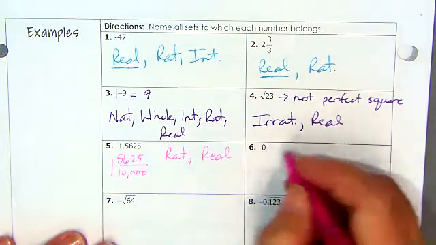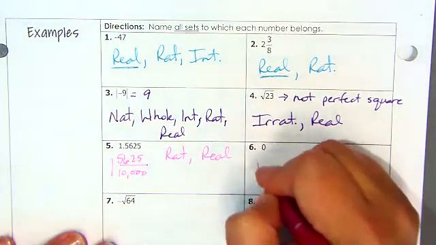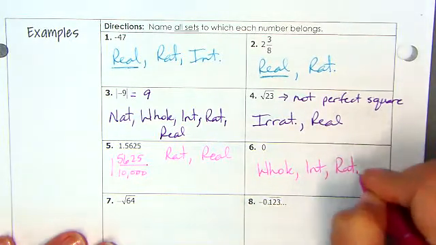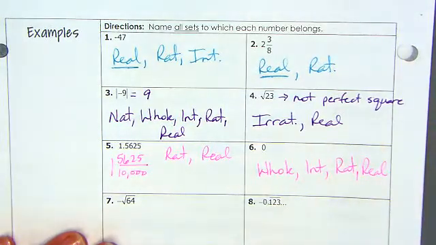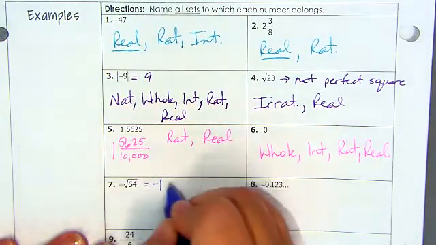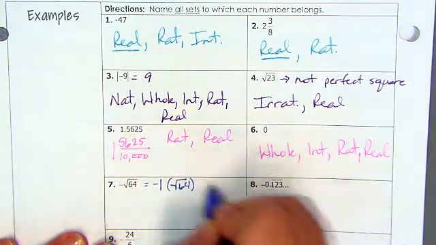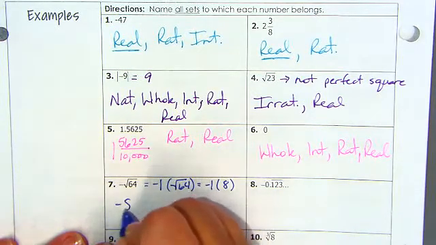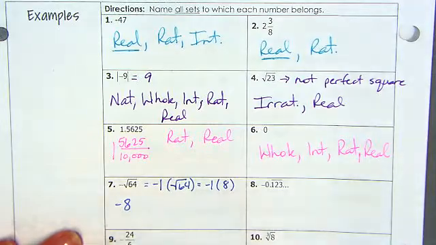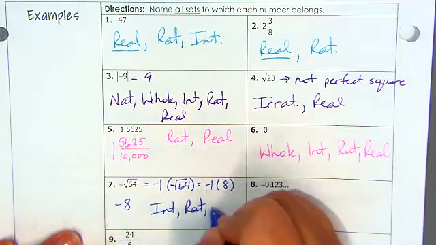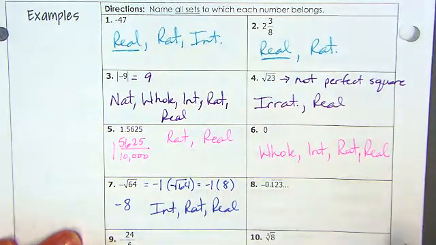Next, 0. If it's 0, it's not natural. So this is whole, integer, rational, real. Square root of 64, but it's a negative on the outside. That's like negative 1 times the square root of 64, which is negative 1 times 8, giving me negative 8. Since it's a negative 8, it's not whole and not natural. So it's integer, rational, real.